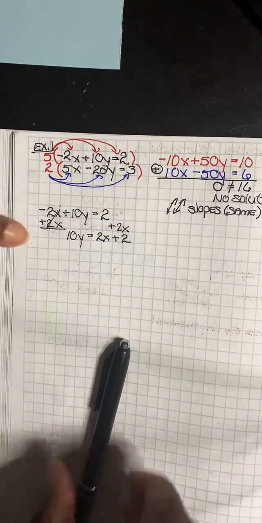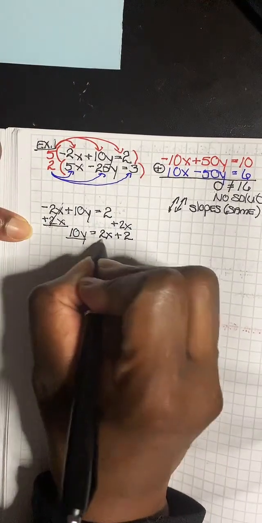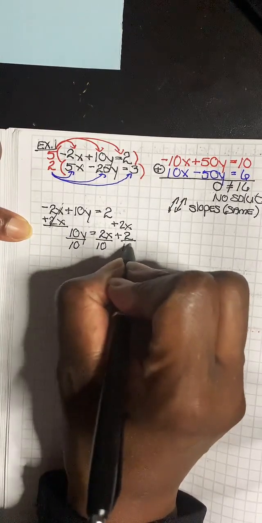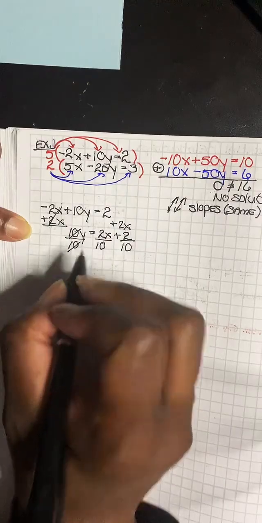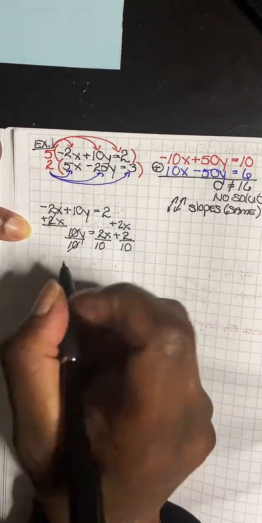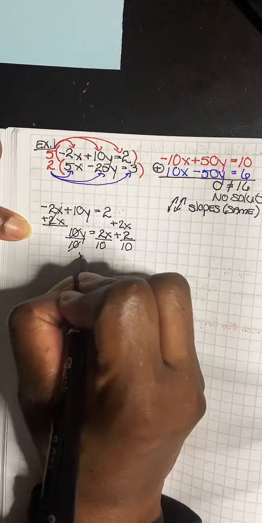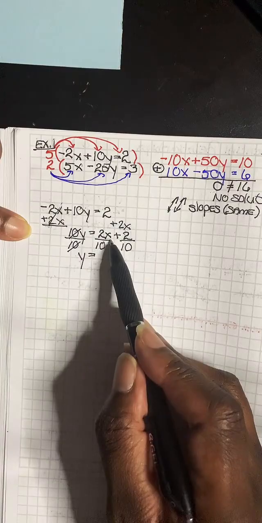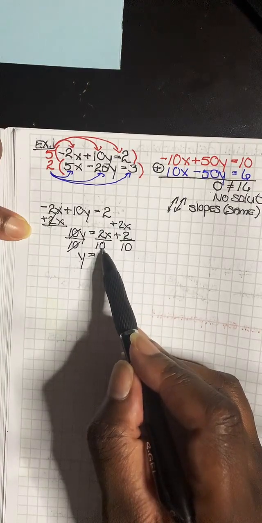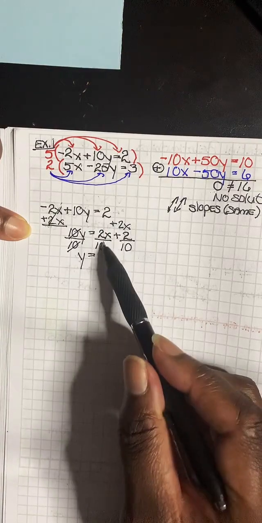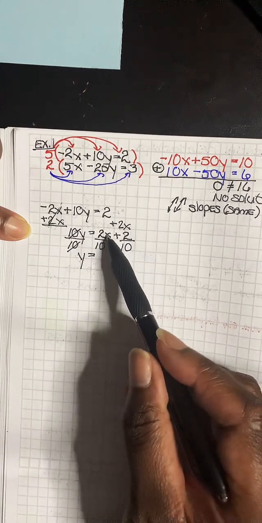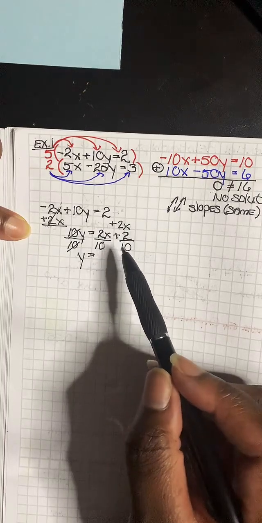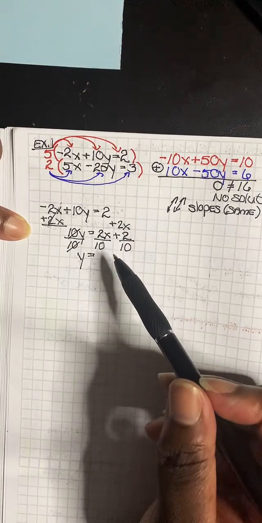All right. So I want to divide both sides by 10. So 10 divided by 10 gives me 1y, or just y. Then I have 2/10 x. 2/10 can be reduced by 2 because 2 and 10 are both even numbers, and the number that they have in common, the GCF, will be 2.